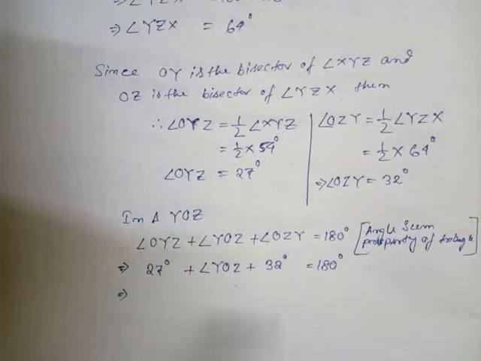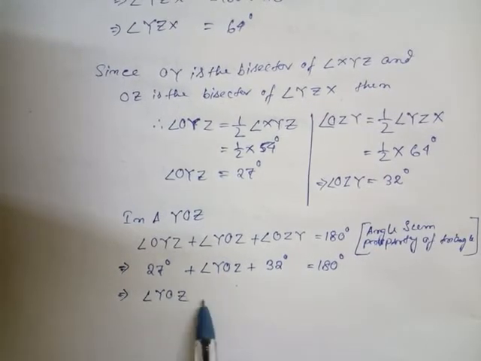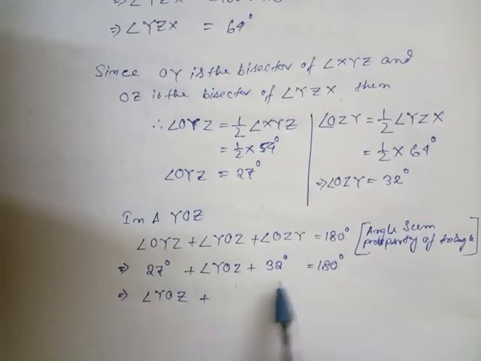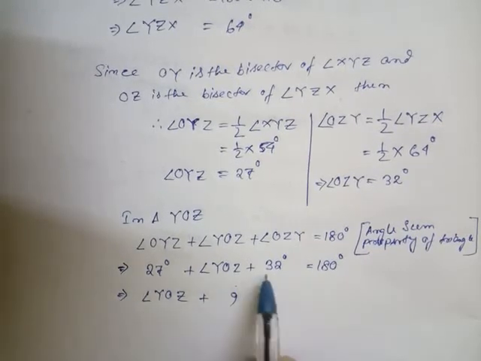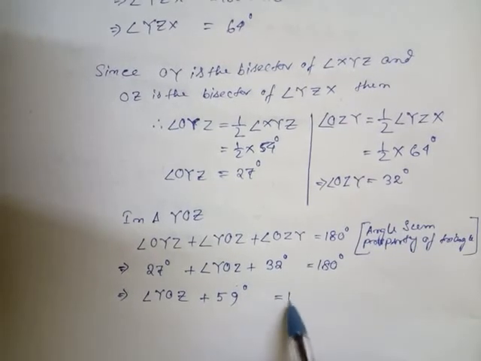Now if we add these two, then what will happen here? YOZ plus 7 plus 2 is 9, 3 plus 2 is 5, 59 degrees, this equals 180 degrees.